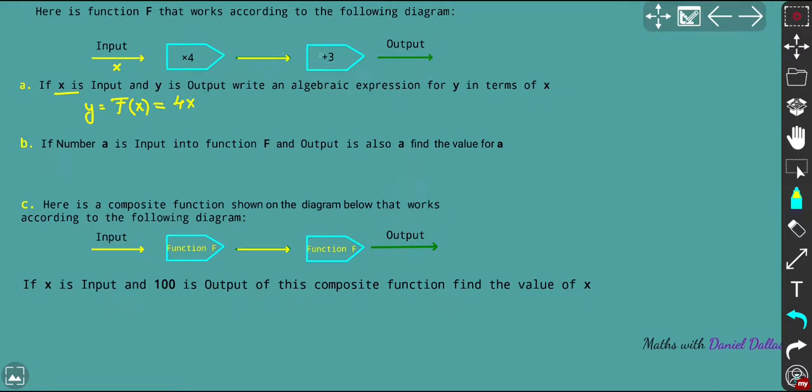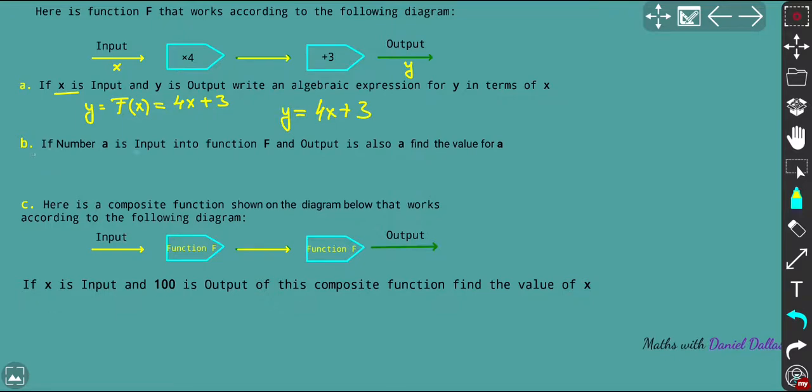That becomes the input for the next process, plus 3, so on top of that you add 3, and the result output becomes the value y, okay? So in terms of algebraic expression, it's going to be a straight line in this case, 4x plus 3. You can try to build the graph to visualize what this rule actually tells you.